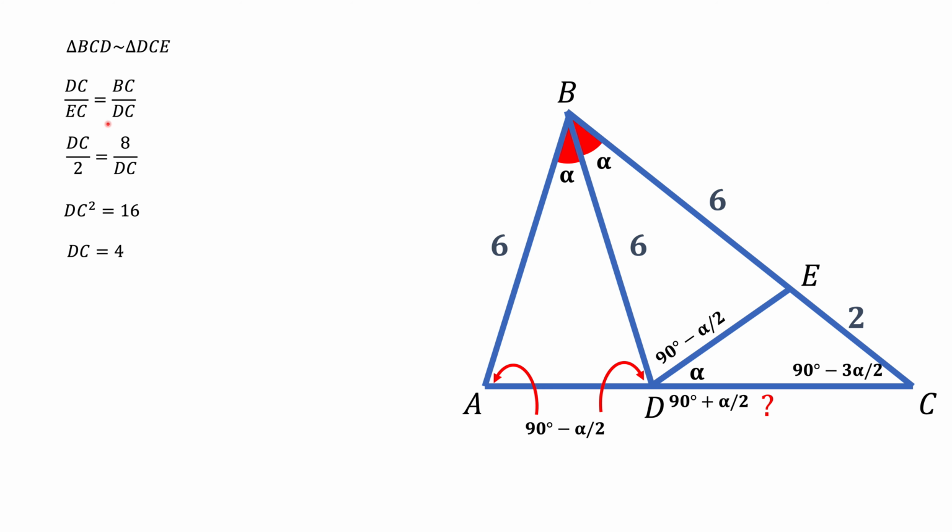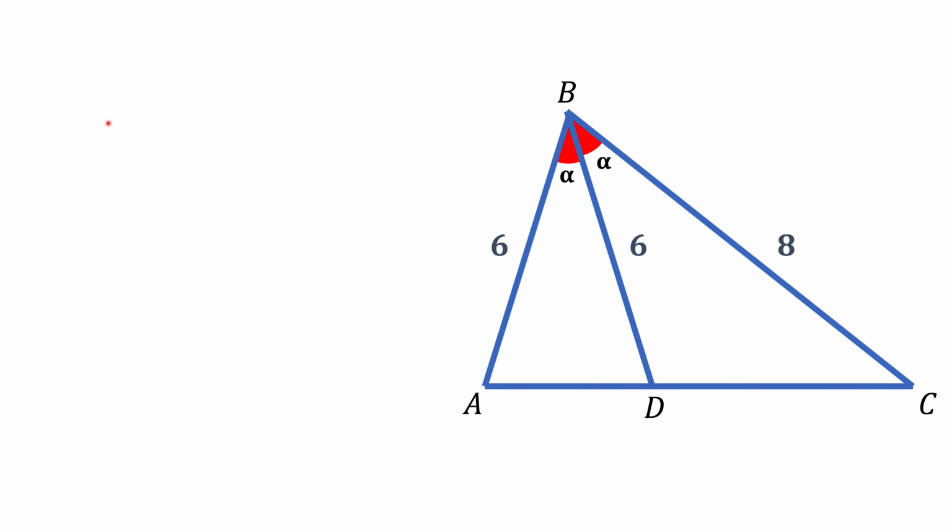Now let's look at another way, how we can solve this problem. First of all, we're talking about sides, we're talking about segments, and we see that there is a bisector BD. So that should immediately tell us something about angle bisector theorem.